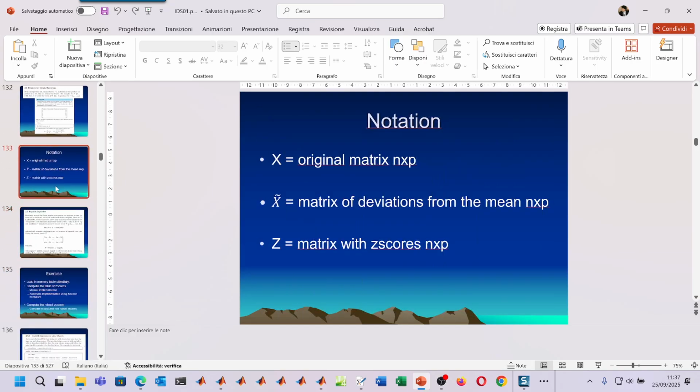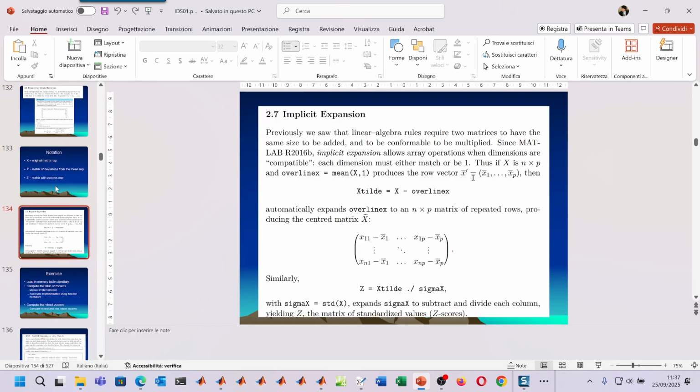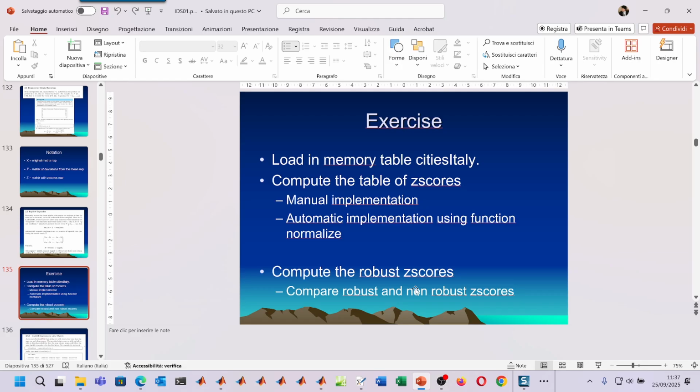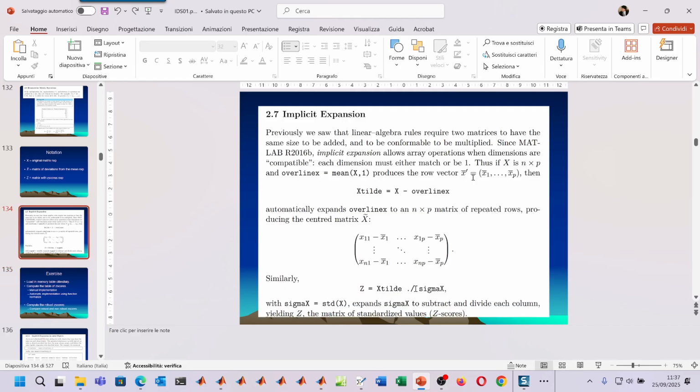Okay, that's it. Therefore, this implicit expansion, which is described in section 2.7 of the book, does this thing. Similarly, this instruction here does what we were expecting: it creates the matrix of zeta scores.